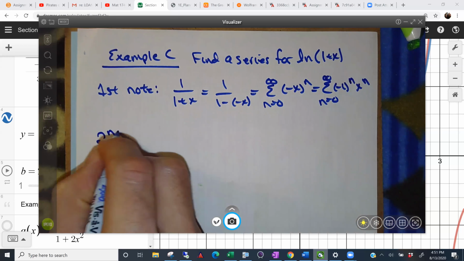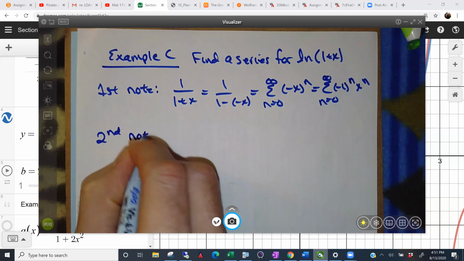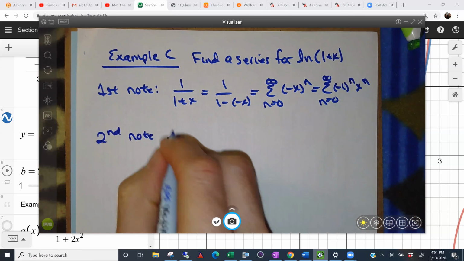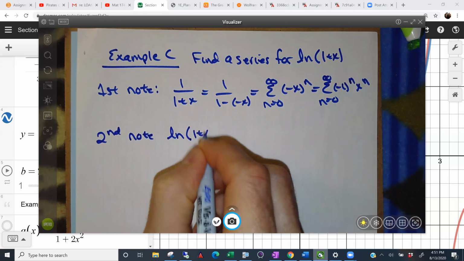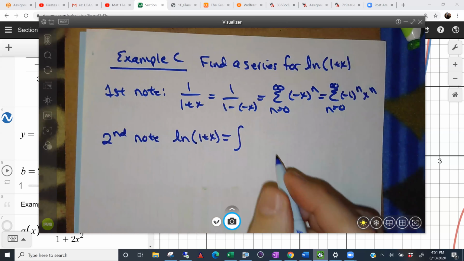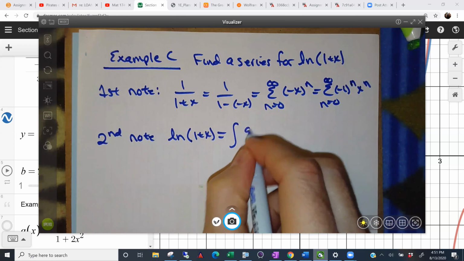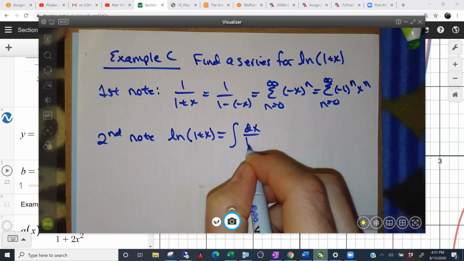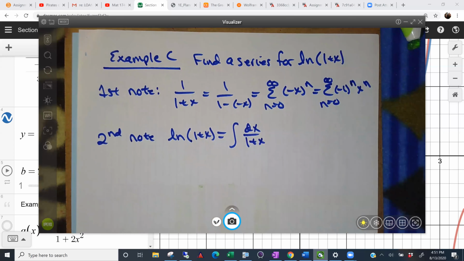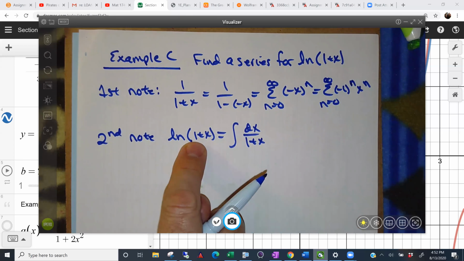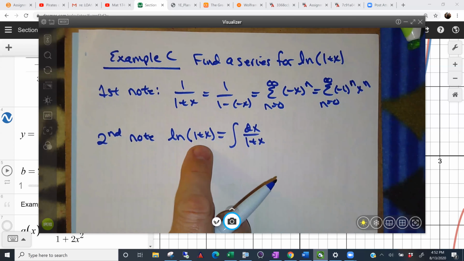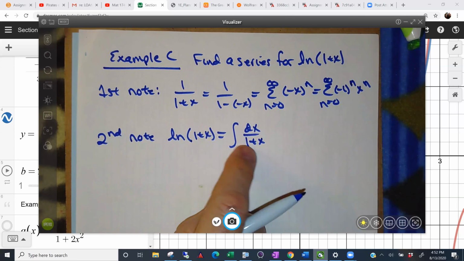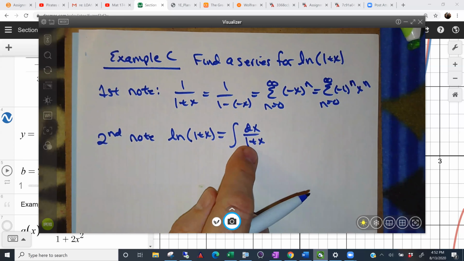The second thing to note is that ln of 1 plus x is the integral of 1 over 1 plus x. You just integrate that, quick u substitution if you need to, and you're going to get this. Now you might say, well, wait a minute, when you integrate this, you're going to get plus a c, and that's true.